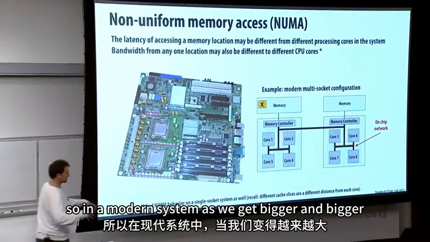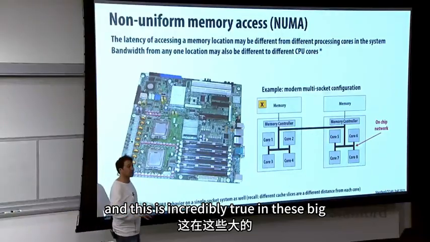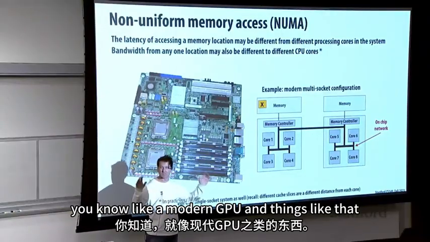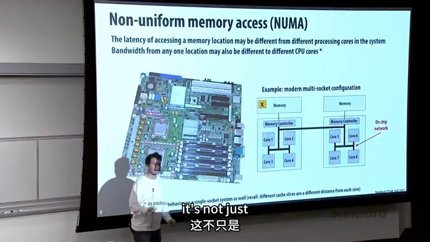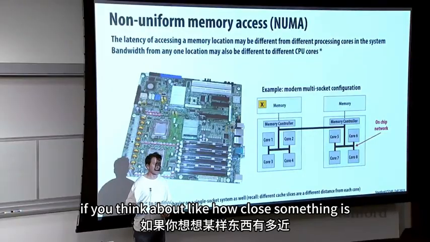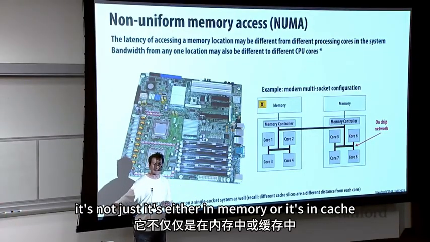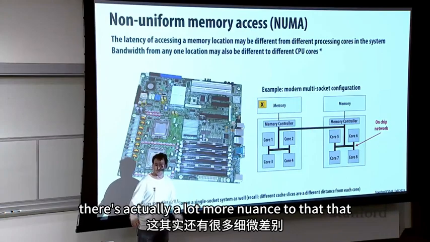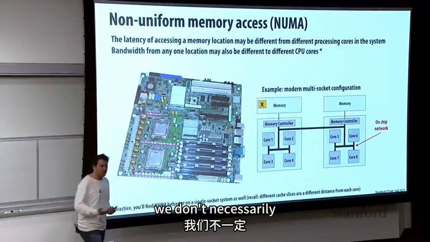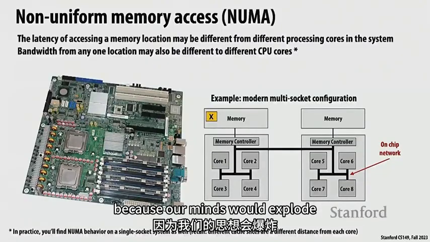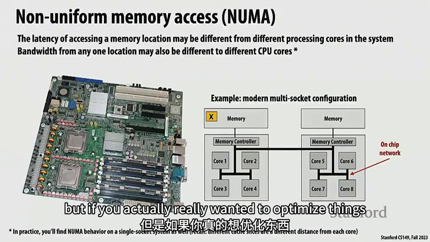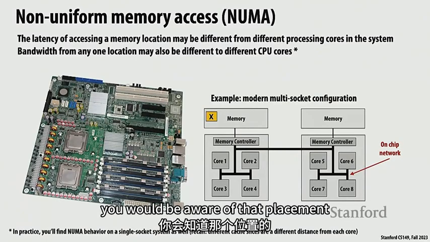So in a modern system, as we get bigger and bigger, and this is incredibly true in a modern GPU and things like that, if you think about how close something is, it's not just that it's either in memory or it's in cache. There's actually a lot more nuance to that we don't necessarily think about when we're programming because our minds would explode. But if you actually really wanted to optimize things, you would be aware of that placement.